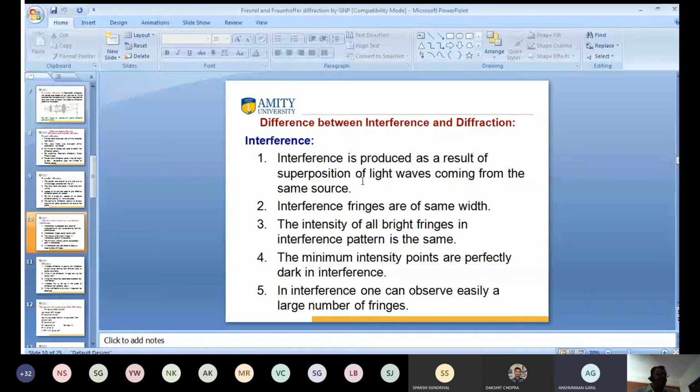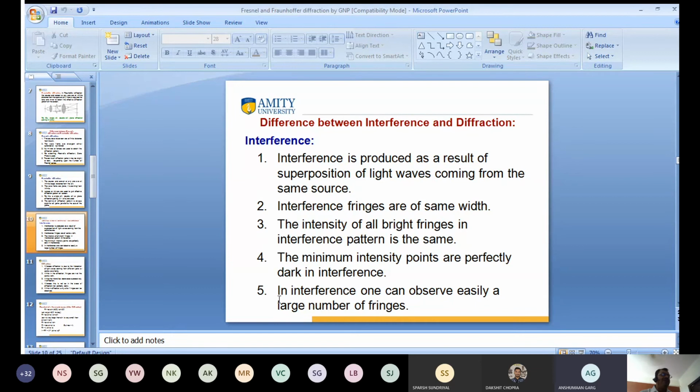Interference is the result of superposition of a large number of waves, light waves coming from the same source, but this is not so in the case of diffraction. Second, in interference, the fringes are of the same width, but not in diffraction. Third, the intensity of all bright fringes is the same in interference, but in diffraction the intensity decreases. Fourth, in interference the minimum intensity is perfectly dark, but in diffraction this is not so.